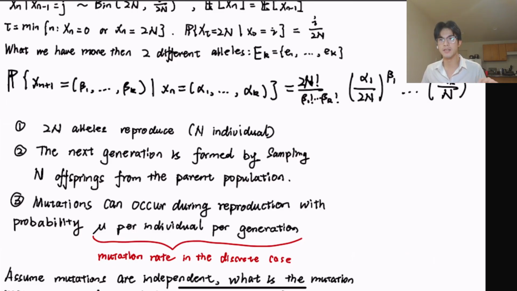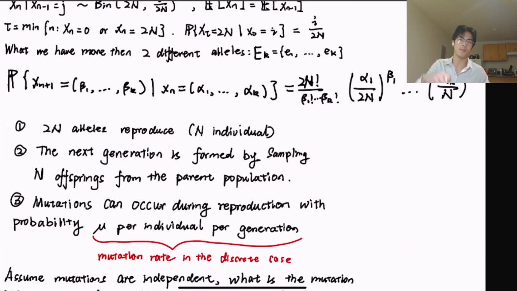A mutation is simply a change of the type of an allele. For example, if we are only considering two types of allele, capital A and small a. We start with a generation of 2N and we sample a capital A from the previous generation. And this capital A has maybe a 50% probability of mutation, meaning that the capital A will be transformed into small a.